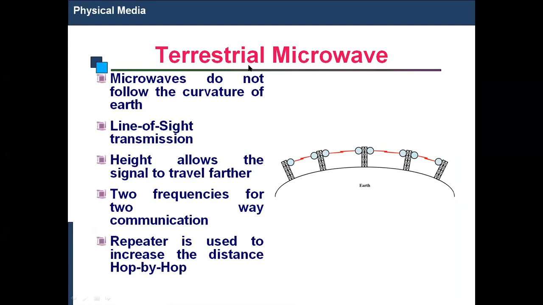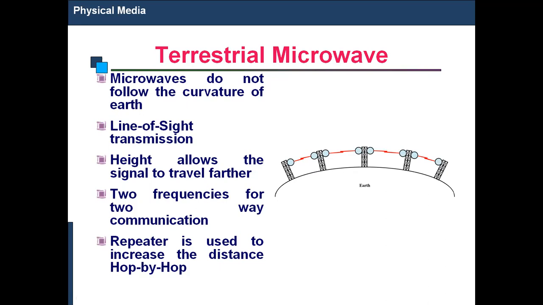Next one is terrestrial microwave, for long distance from 5 kilometers to 100 kilometers. Here we use microwave signals to transmit information from one point to another. See, this is the Earth curvature, with a number of base stations. We have to connect between base stations by using microwave links. At the time of transmission, we do not follow the curvature of Earth.